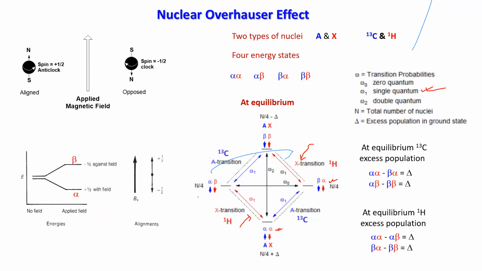You understand? Look at this diagram. You have alpha alpha and alpha beta, so these two transitions you are doing. Here you are doing the transition from here to here. This is the proton transition. Yes or no? Yes. So you have the del here. Overall population is n by 4 plus del. Here it is n by 4. So to make these two states have the same number of nuclei, how many nuclei do you have to transfer from here to here?